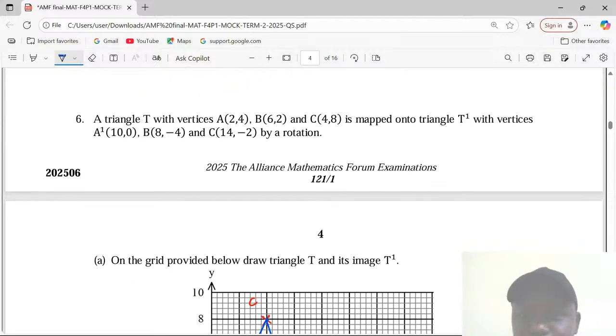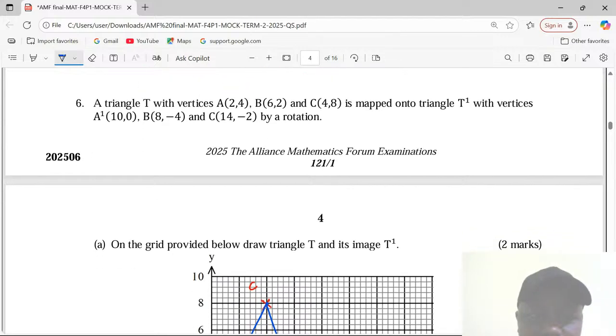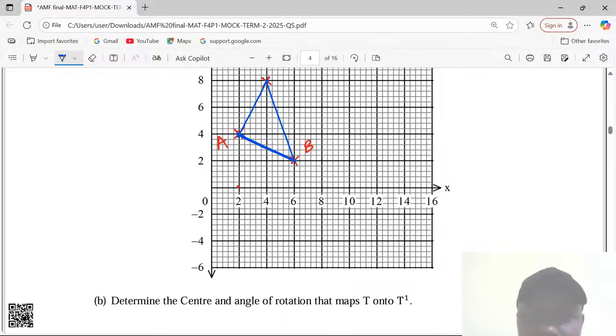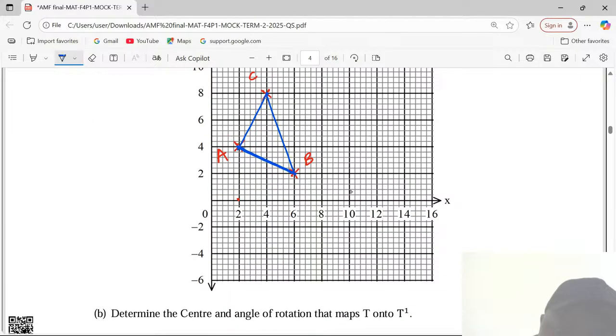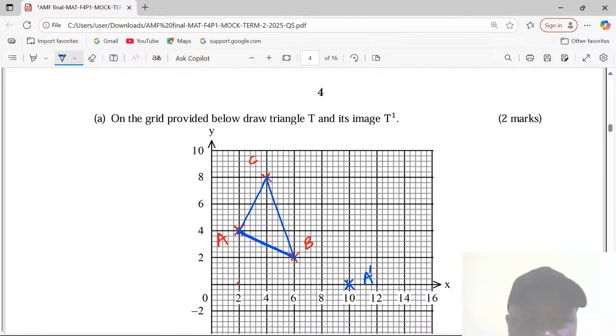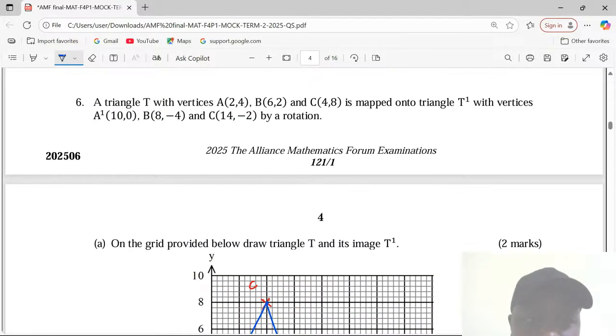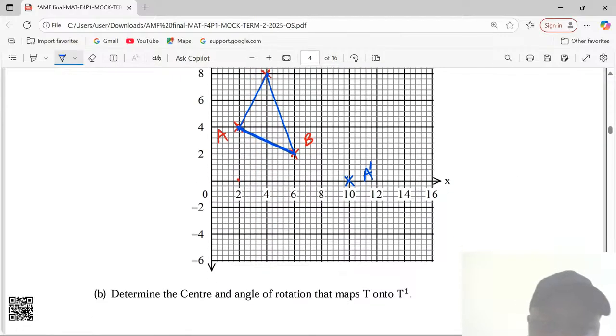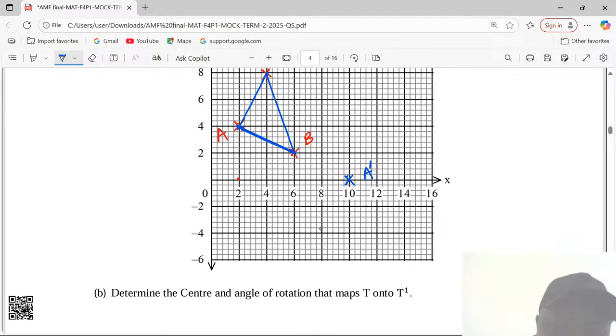T is mapped onto triangle T prime with vertices 10, 0. So 10, 0 is exactly lying here. This is our A prime. Then what else do we have? 8, -4, it's here. That's our B prime.